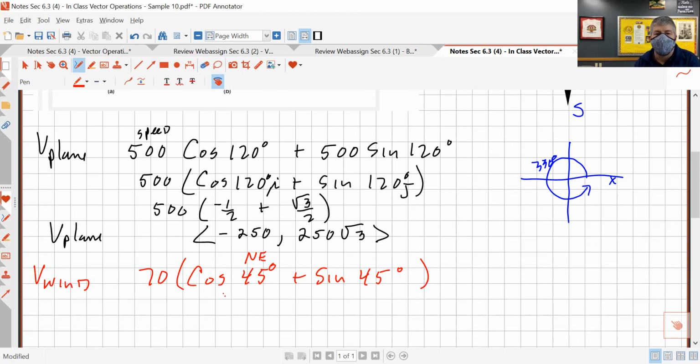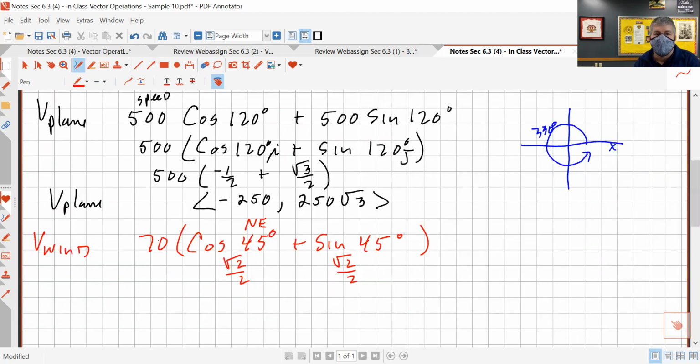The cosine of 45 is the square root of 2 over 2, and the sine of 45 is the square root of 2 over 2. 70 divided by 2 is 35 square root of 2, and 35 square root of 2. So that's the component vector of the wind.